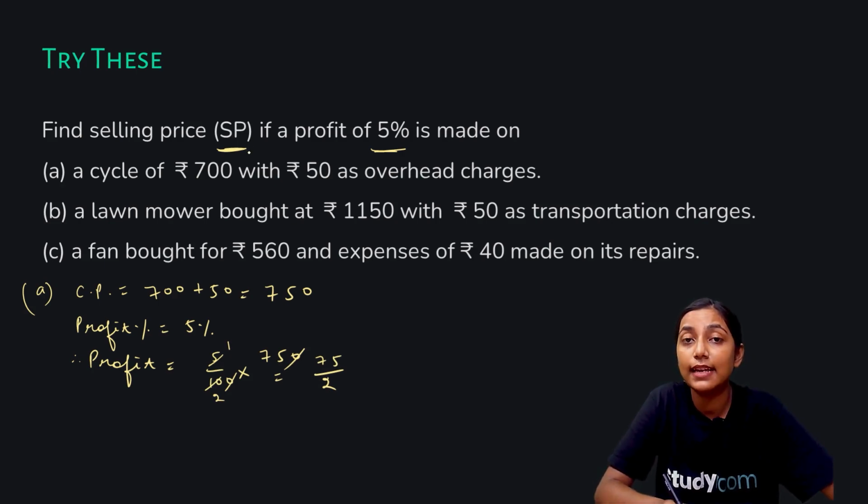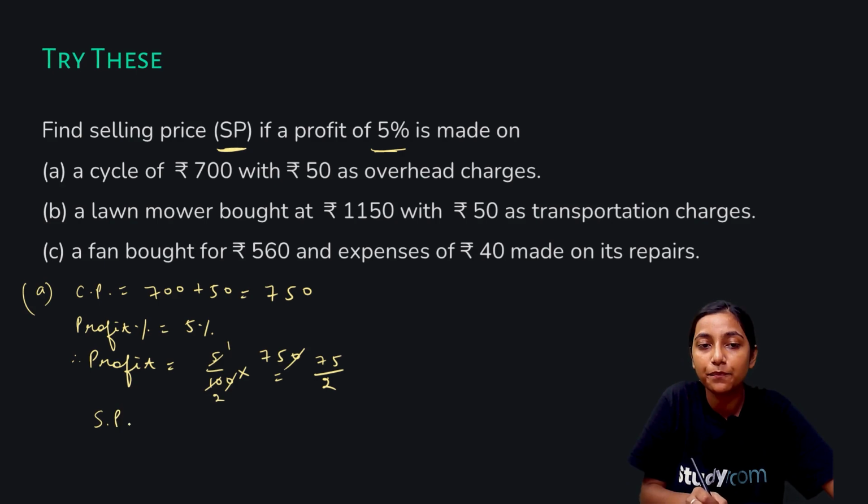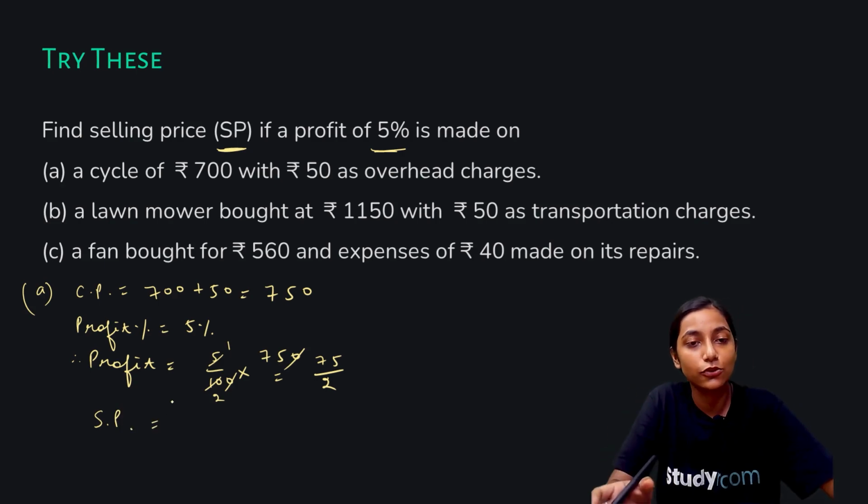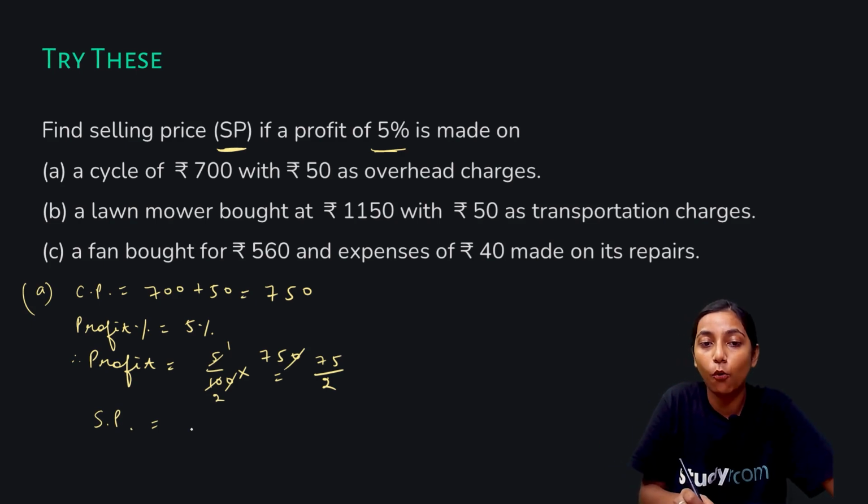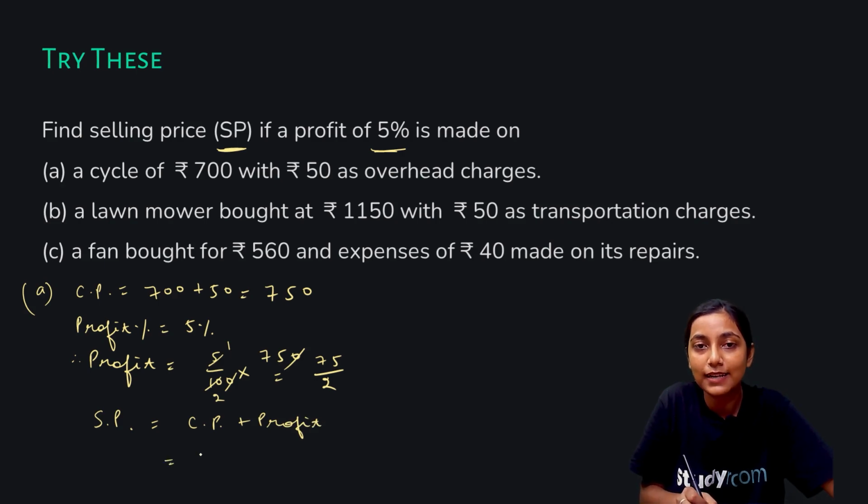Now we need to find the selling price. So profit is equal to selling price minus cost price. Therefore, our selling price will be cost price plus the profit. In this case, it will be cost price, that is 750, plus the profit, that is 75 by 2.